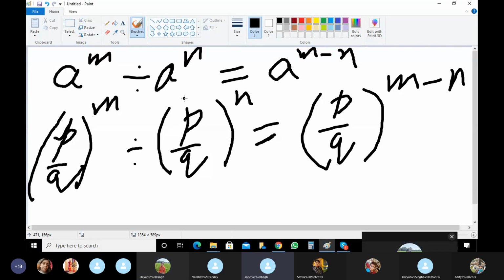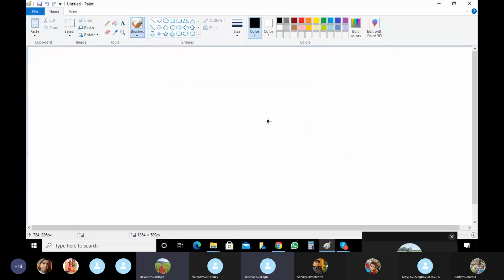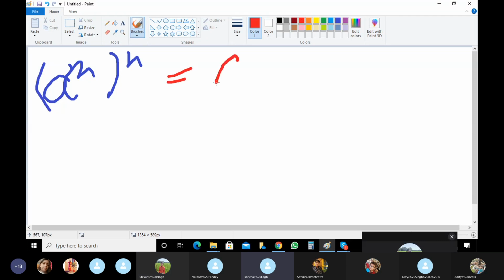Okay. Then the next one is power of power. Next law is power of power, or not? So power of power: (a to the power m) whole to the power n gives us a to the power m multiplied by n. Yes or no?